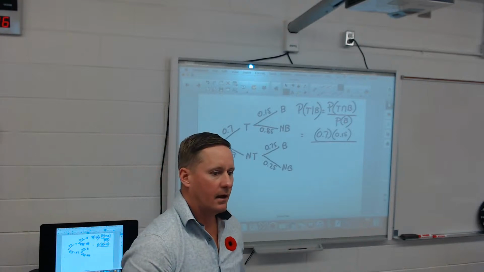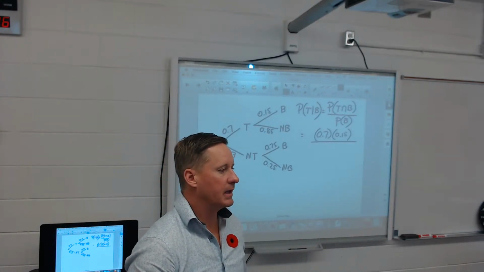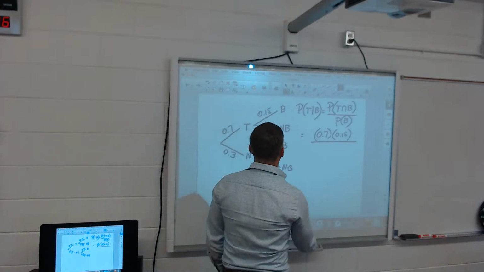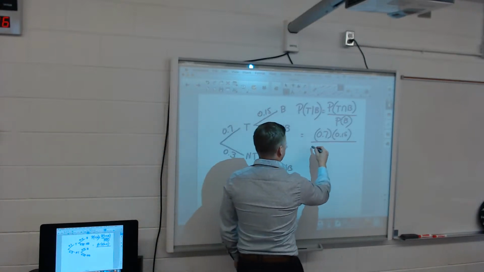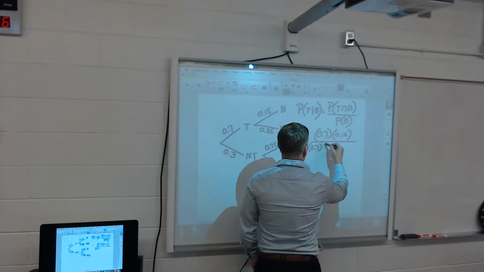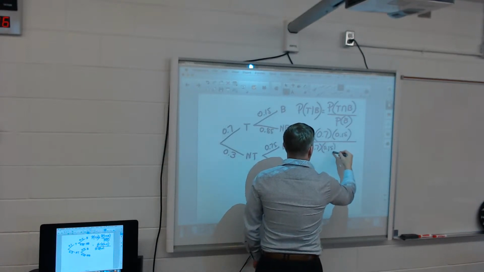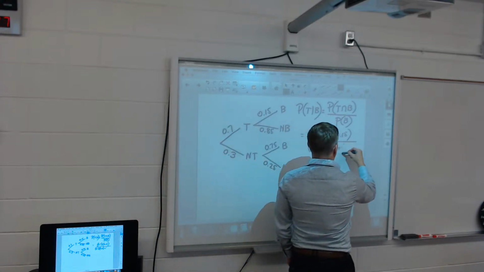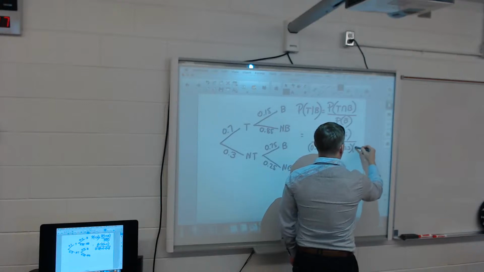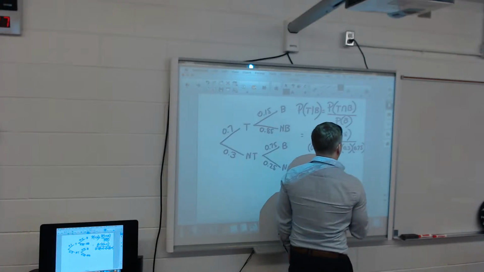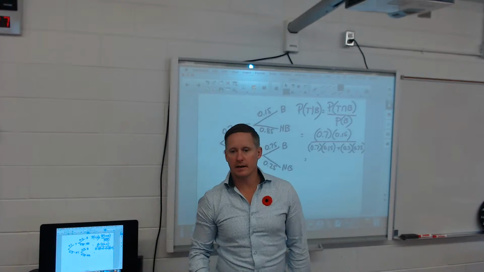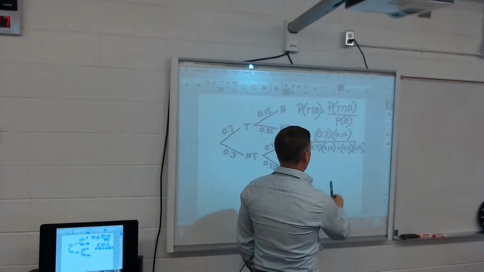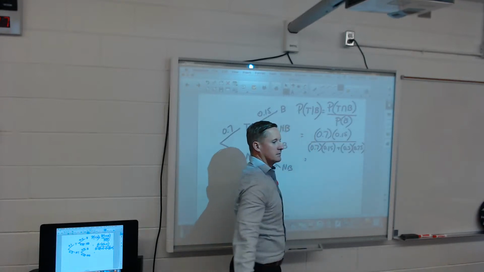Now, I need to know the probability that he burnt the bread. Well, 0.7 times 0.15 and 0.3 times 0.75. Now most importantly, for this question to work, you are always going to have an addition on the bottom here.